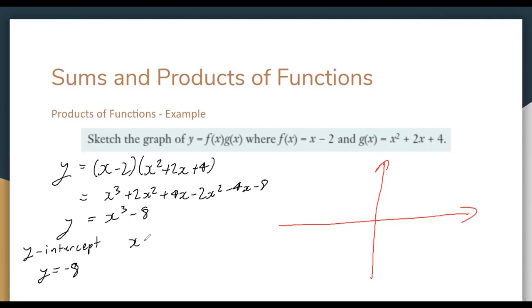And then if we want our x-intercept, we have to let our y equal 0. And then that's going to be 0 is equal to x cubed minus 8. And so x cubed is equal to 8, and so x is equal to 2. So that means that it crosses at negative 8 and it crosses at 2. And we know that this is a cubic, and it's going to look something like this.